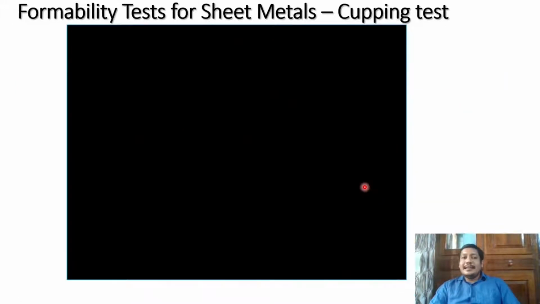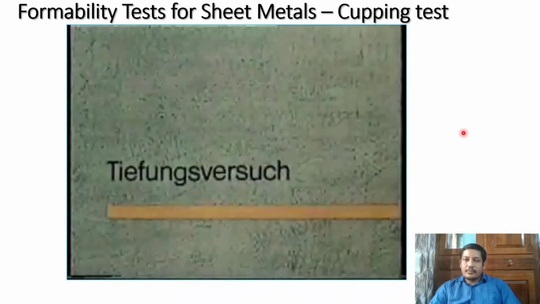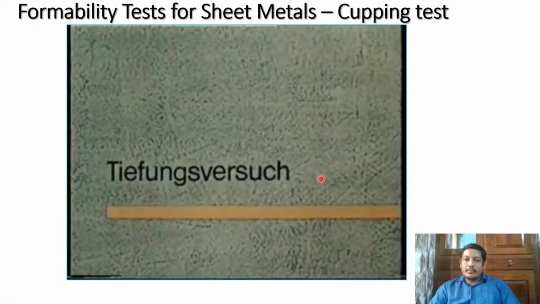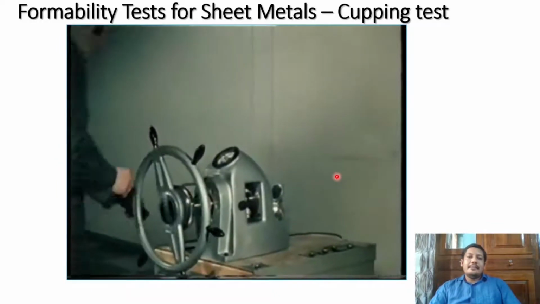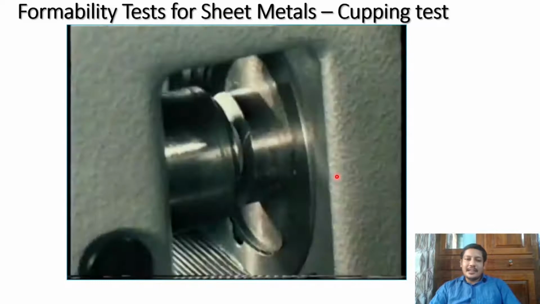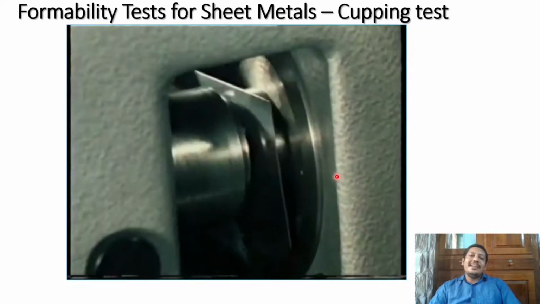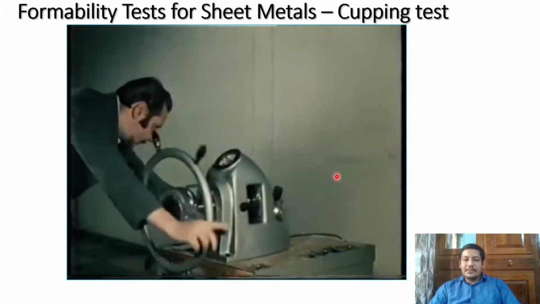So the next one, I'll just run a small video so you will be able to understand how this Ericsson cup test is performed. You can see this is a typical Ericsson cup tester where you are keeping the sheet in its gripping position.